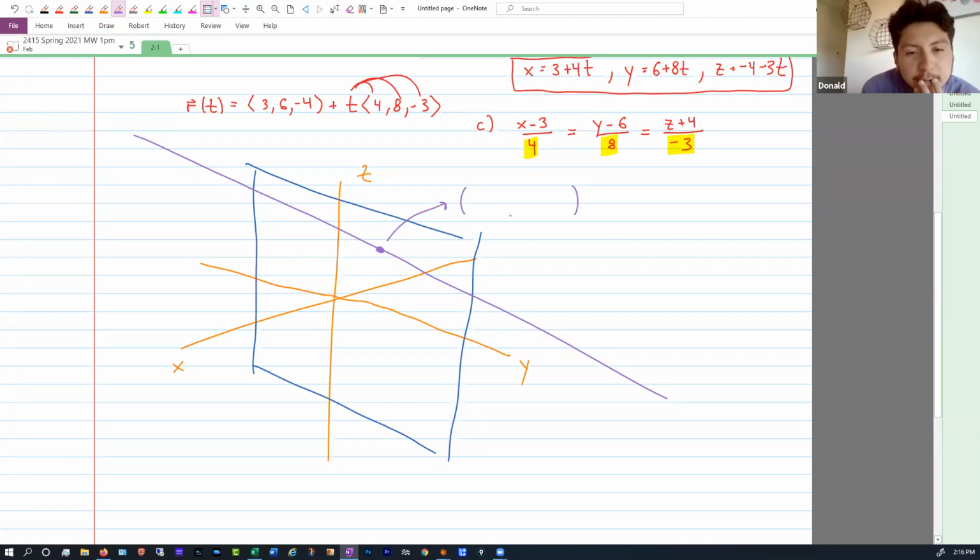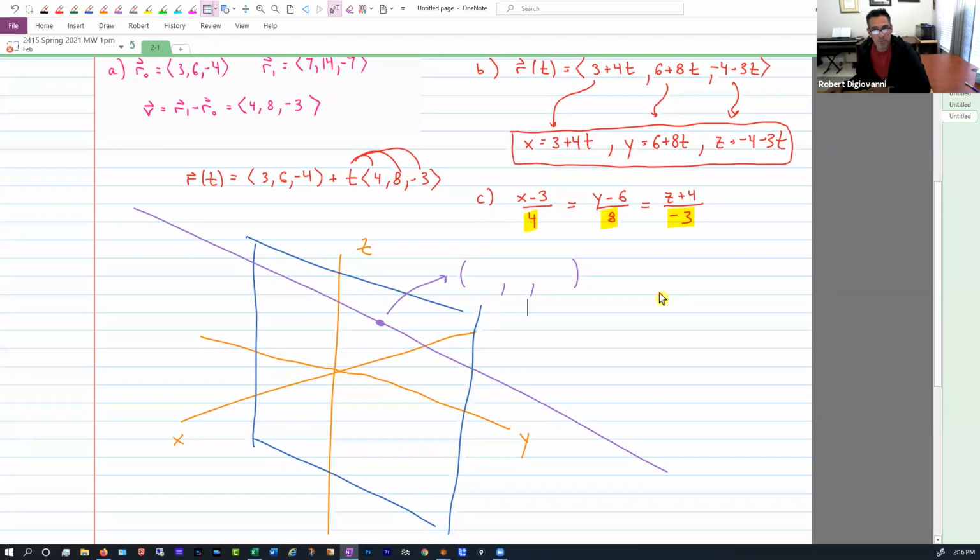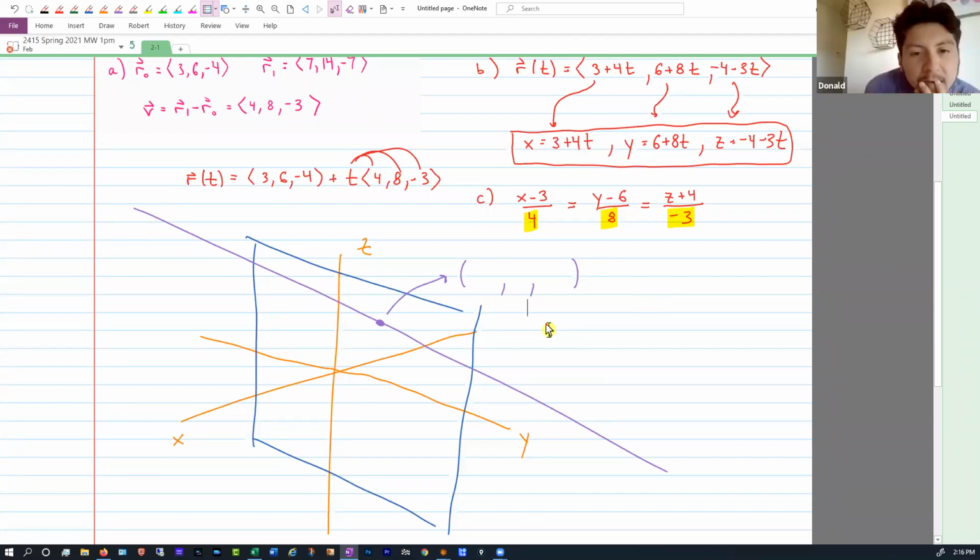Could you use some of the symmetric equations like x minus 3 over 4? Maybe. How would you use them? Can you tell me, if it punches through the YZ plane, Donald, what's the one thing you could tell me about that point?